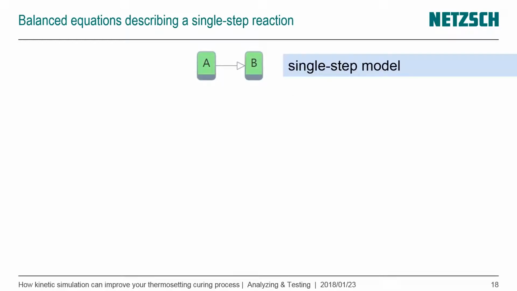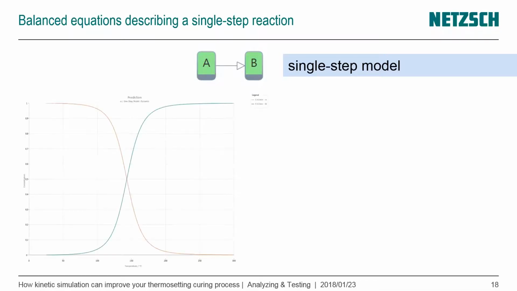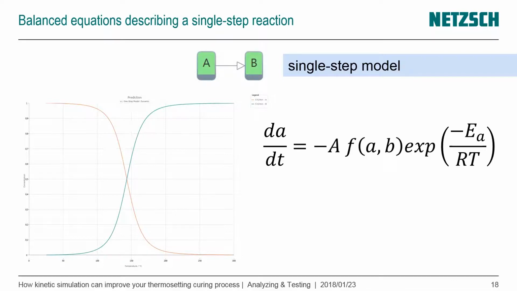So let's assume we have a single step reaction. So we have a component A, so an educt A, and this becomes, during the chemical reaction, the product B. Then we can see as orange line, at the beginning, we have 100% of product A, of educt A. This educt will decrease during the chemical reaction, and the product B will increase to 100%.